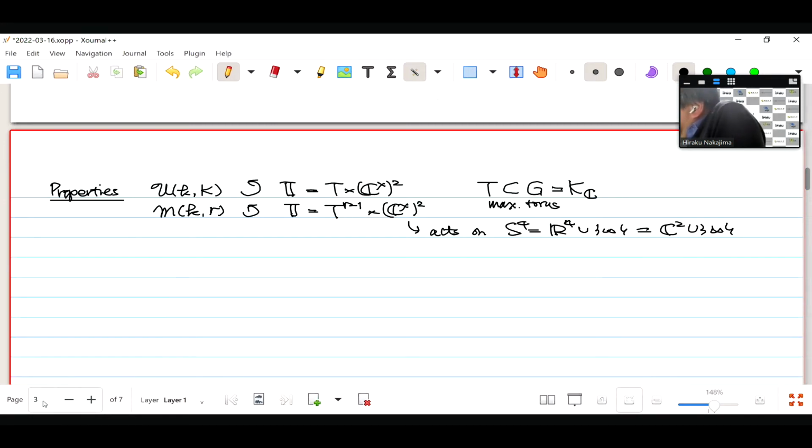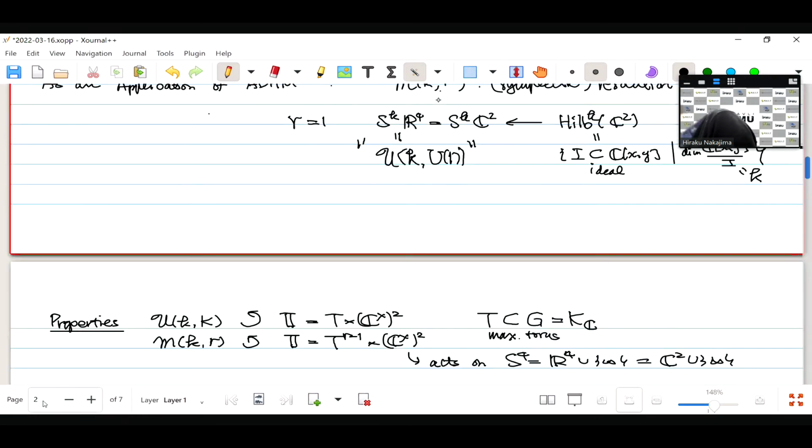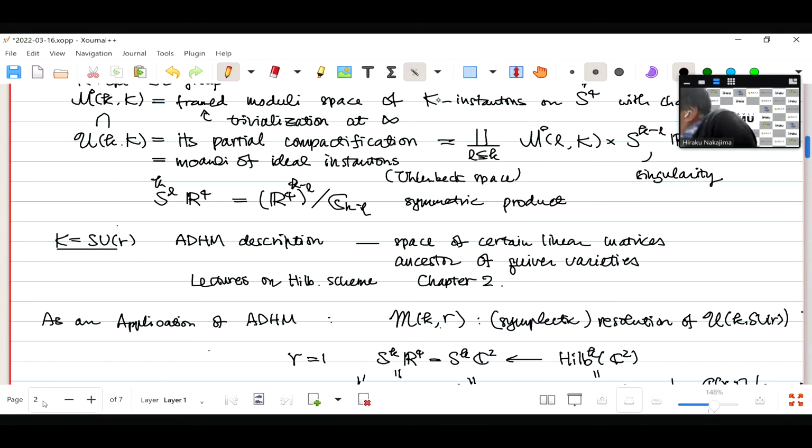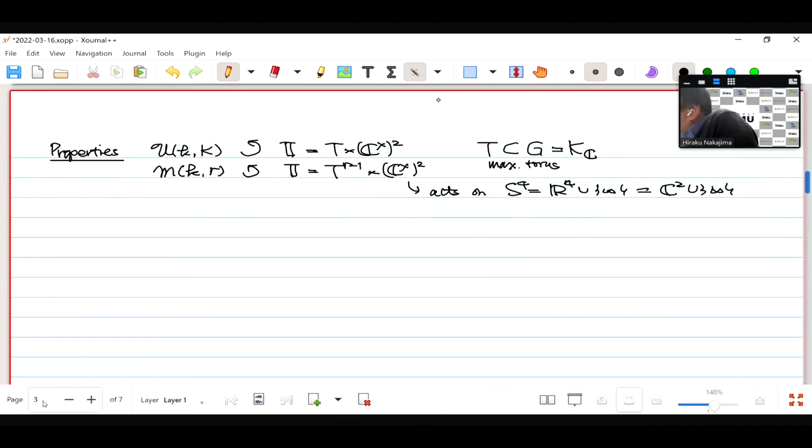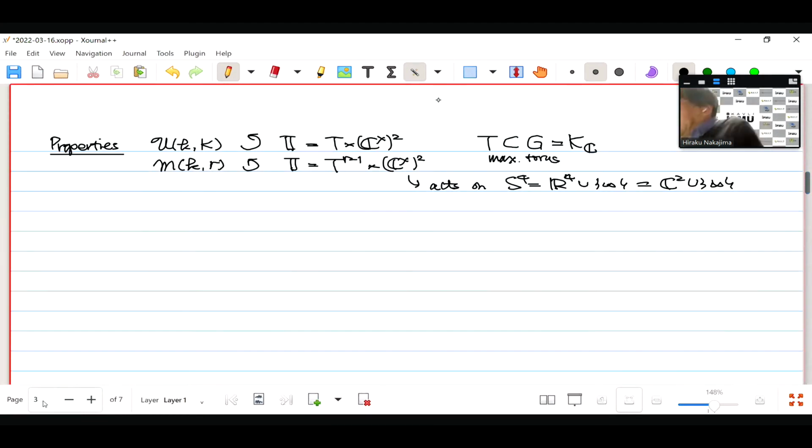I don't explain how T acts here, but this comes from the so-called framing, which I skip. Okay, so this is the first property.